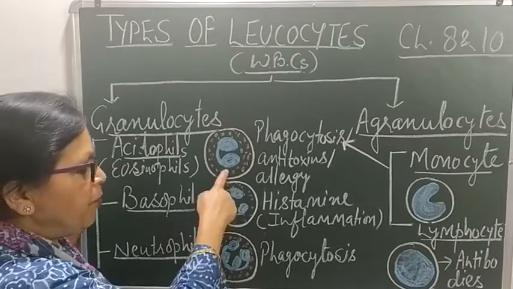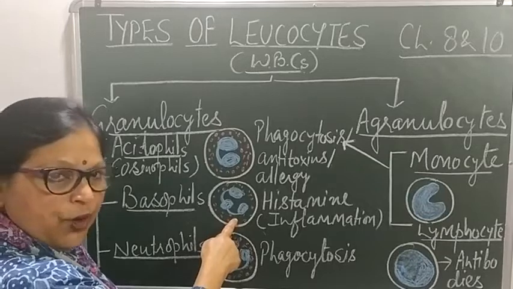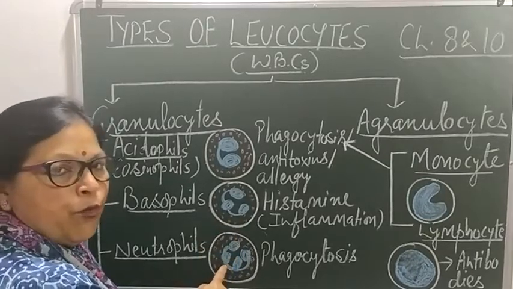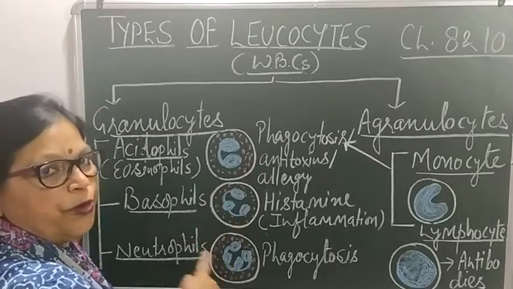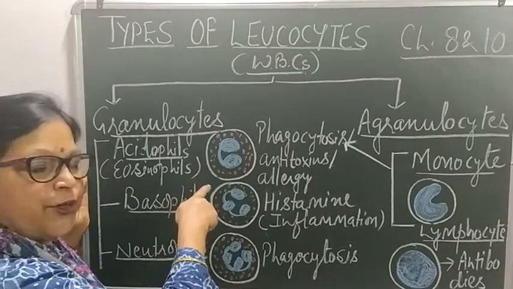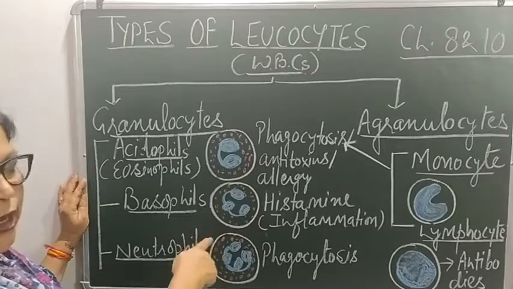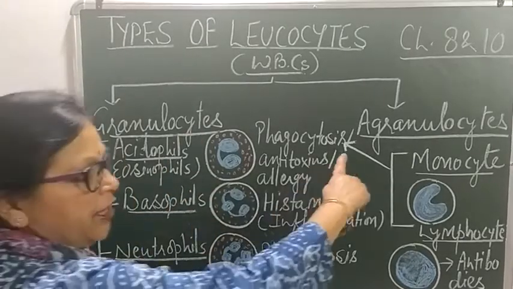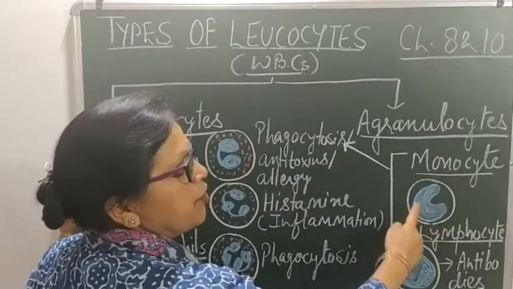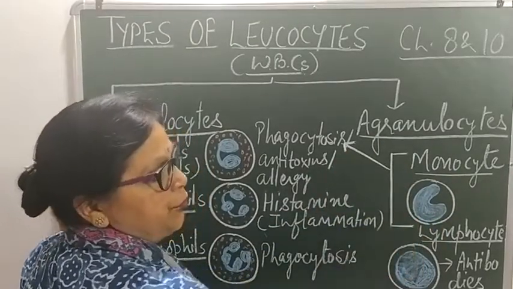It may be bilobed, it may be 3-lobed, or it may have more than 3 lobes. Along with granular cytoplasm, the nucleus will be lobed in granulocytes. Then in agranulocytes, there will be a single large nucleus.